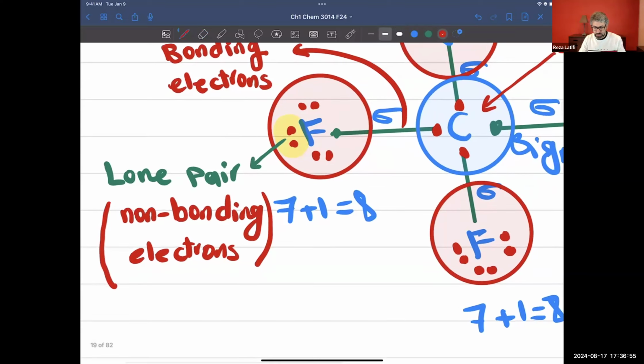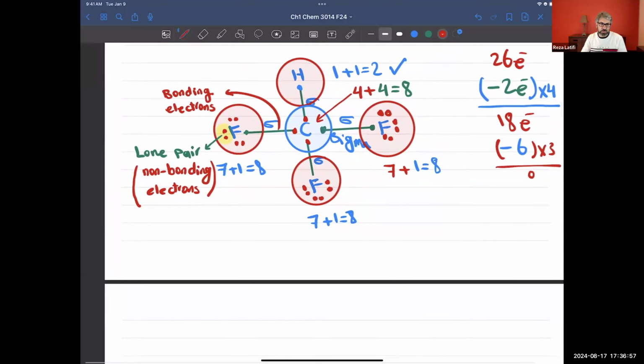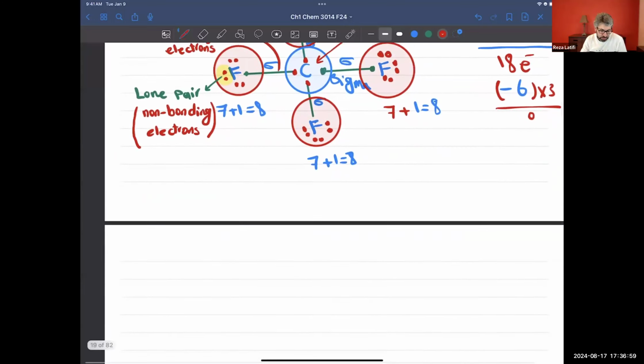So now let's go after the formal charge. How to calculate formal charge of one element.